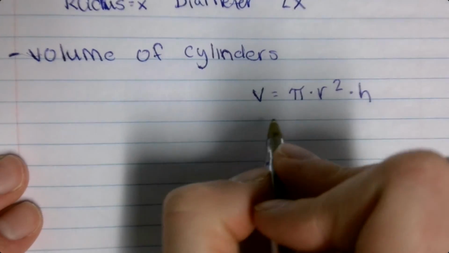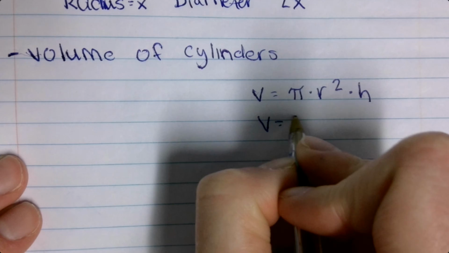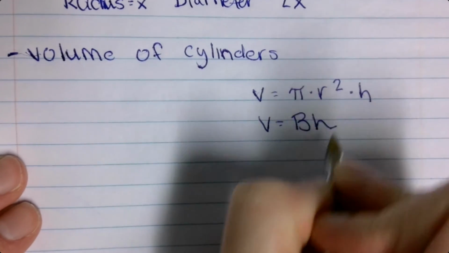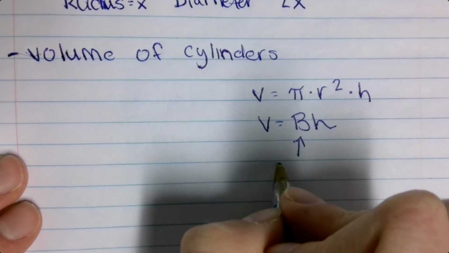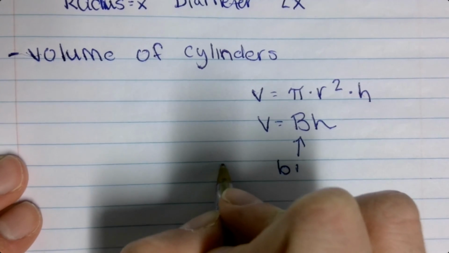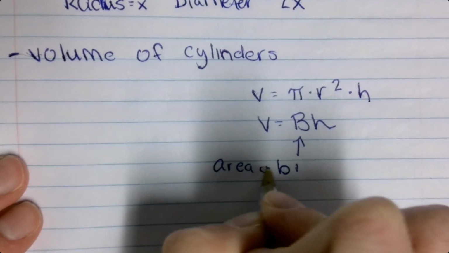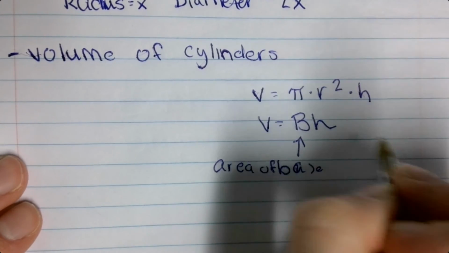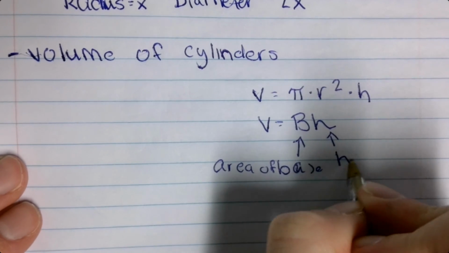Because we're in 8th grade now, we are going to see it as a big B times h. That means B is the area of the base, and h represents height.